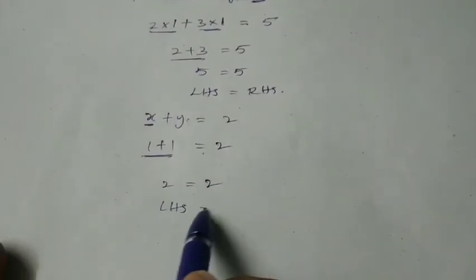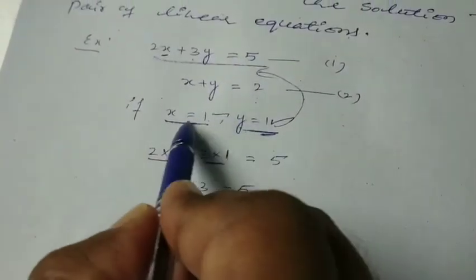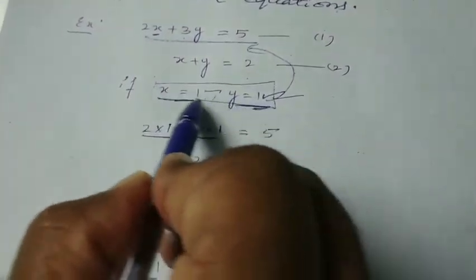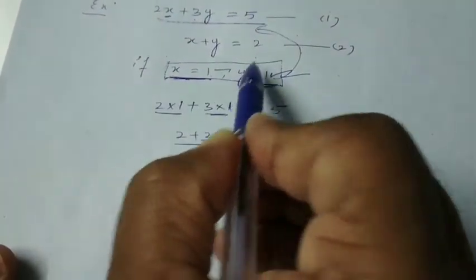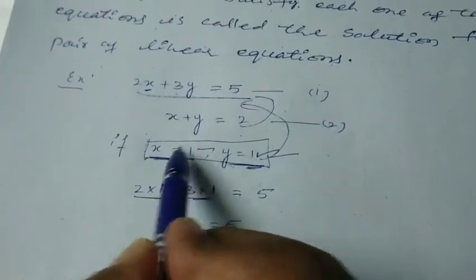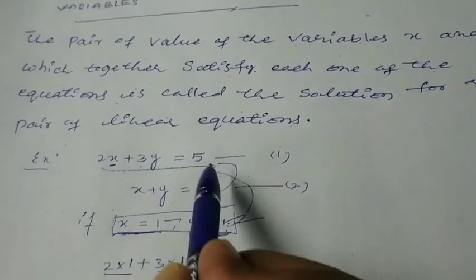So LHS equals RHS. So x equals 1 and y equals 1 satisfies both the given equations. That's why x equals 1 and y equals 1 is a solution to the given pair of equations.